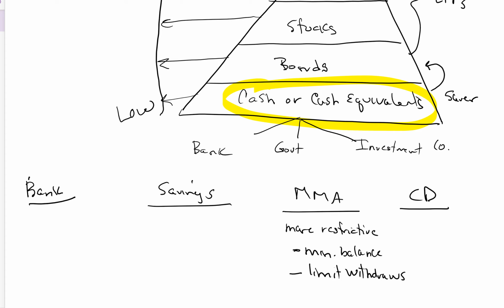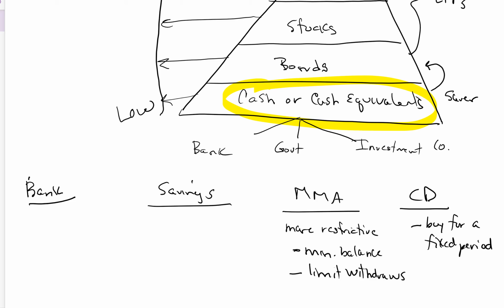A CD, again, a bank product. A CD is something you buy, so you buy this for a fixed period. For example, 1 year. I'm going to buy a 1-year CD. And what that means is I'm going to give the bank some money and they're going to hold on to it for 1 year. And over that period, I'm going to earn interest.